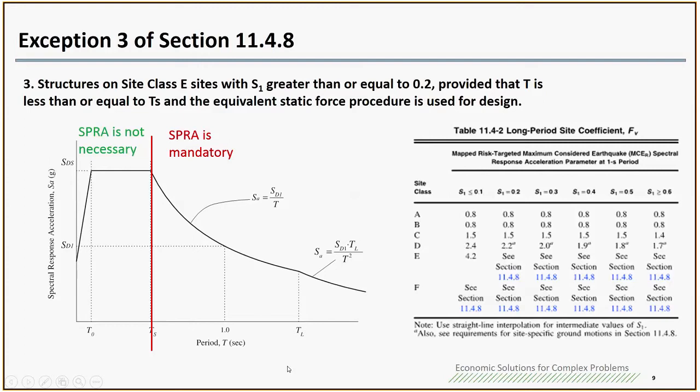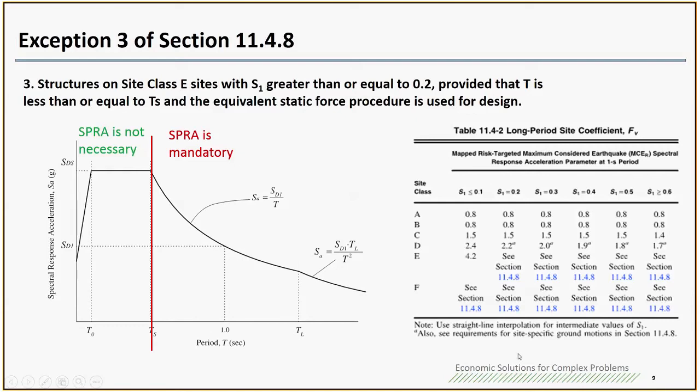So this is the ASCE 7-16 table. If you look at this table, because the original table doesn't have the FV value, in other words, you cannot calculate the SD1. If you cannot calculate SD1, then you cannot calculate the TS. So basically, you cannot determine where the boundary is. You need to either run the site-specific response analysis, or you can take the exception 3.